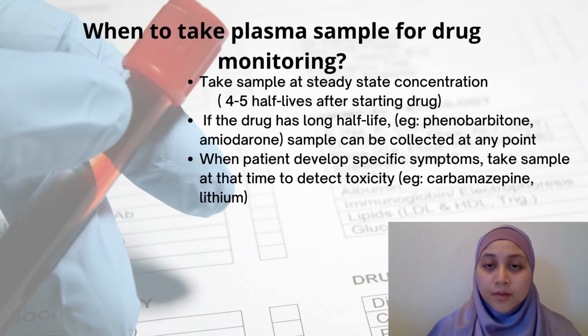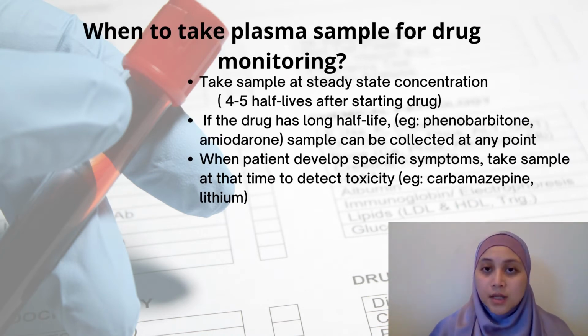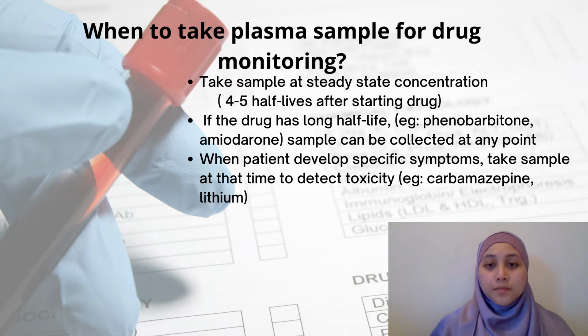When do you take a plasma sample for drug monitoring? Usually, we take the sample at steady-state concentration, which is 4 to 5 half-lives after starting the therapy. At steady state, plasma concentration is proportional to the receptor concentration. So that is why we take the sample during steady-state concentration. Apart from that, if the drug has a long half-life, such as phenobarbital or amiodarone, the sample can be collected at any time point.